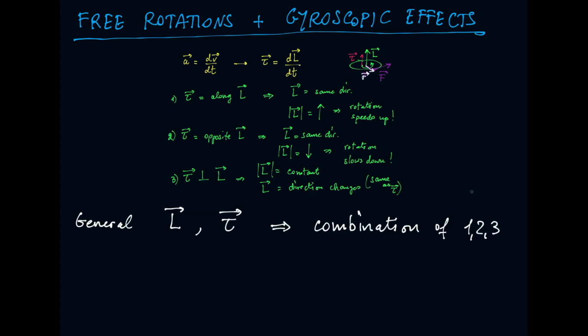Or more precisely, 1 or 2 and 3, because 1 and 2 are incompatible. Either it's in the same direction or in the opposite direction, it can't be both. And then the perpendicular component.